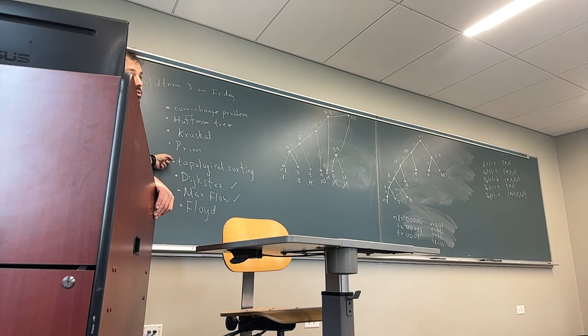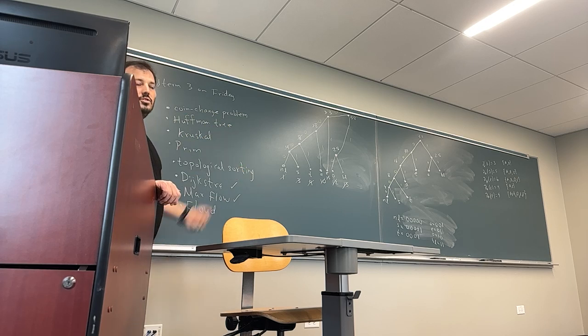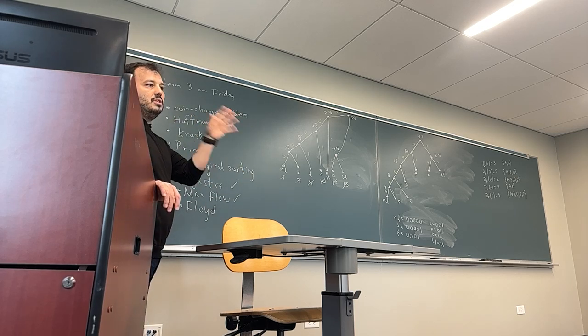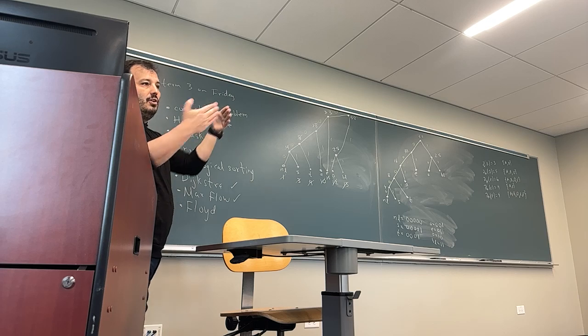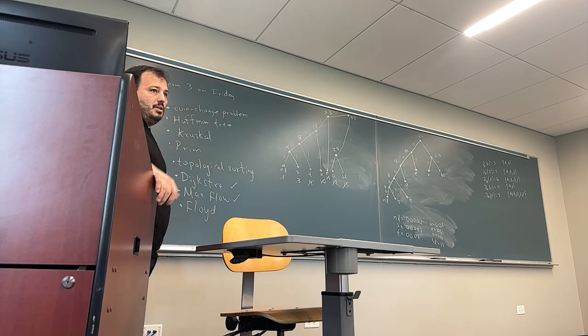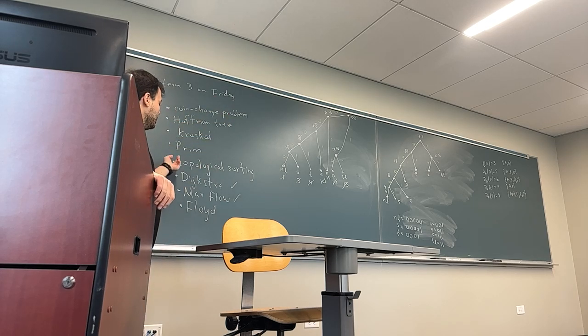And then topological sorting is also quite easy once you know what's going on. All you have to do is find the vertex that has 0 in degree, and that's your next vertex to pick. So you just keep analyzing which one does not have anything going into it. That's the next vertex I'm gonna pick. So this is also an easy algorithm.